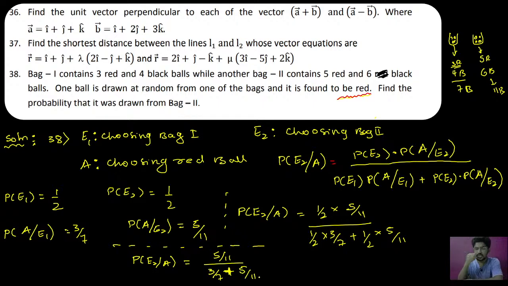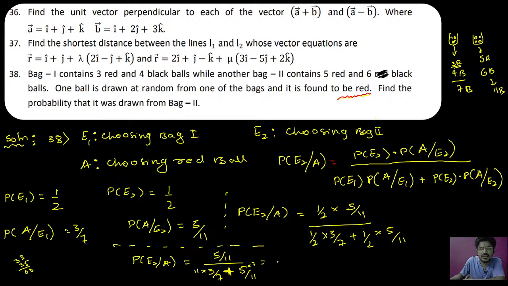Okay. So take LCM and simplify. LCM will be 77. So here you have to multiply by 11 and here you have to multiply by 7. 11 into 3 is 33, 7 into 5 is 35. So 33 plus 35 is 68.